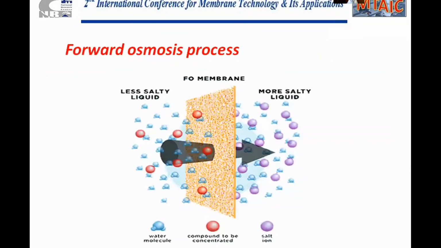So what is the forward osmosis process? The most appropriate definition in the literature is that it is a membrane process without the application of any hydrostatic pressure. This means the water flows from the low concentration solution to the high concentration solution, depending on the difference of osmotic pressure between the solutions on either side of the membrane.